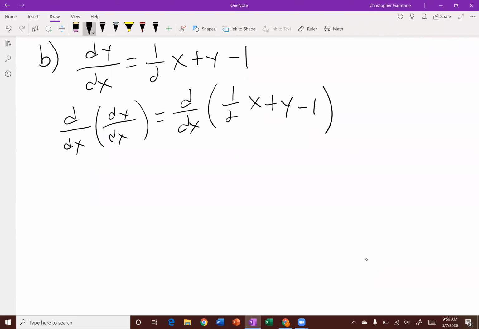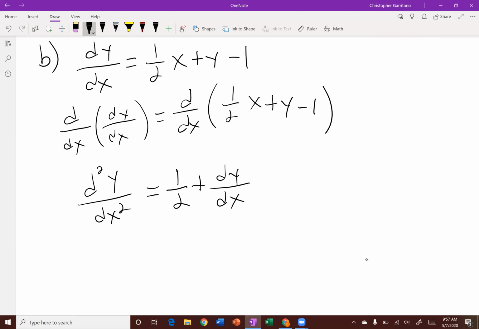The left side, we just end up with d squared y over dx squared. On the right side, when I differentiate 1/2 x with respect to x, I get 1/2. When I differentiate y with respect to x, I get dy dx, because y is some implied function of x. And when I differentiate the constant -1 with respect to x, I get 0.